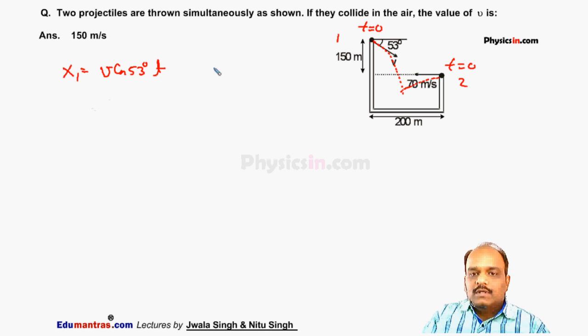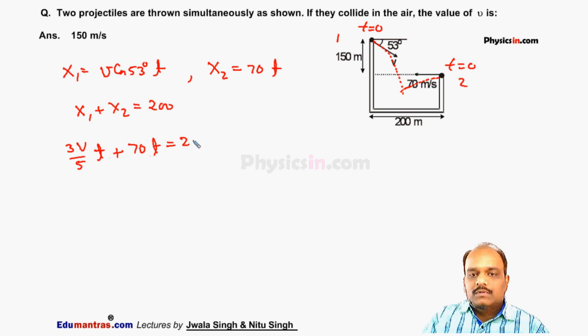In the same way, x2 for the second particle is 70 into t, and we know x1 plus x2 is 200, or v cos 53, we know cos 53 is 3 by 5, into t plus 70 into t, that is equal to 200. This is our first expression.